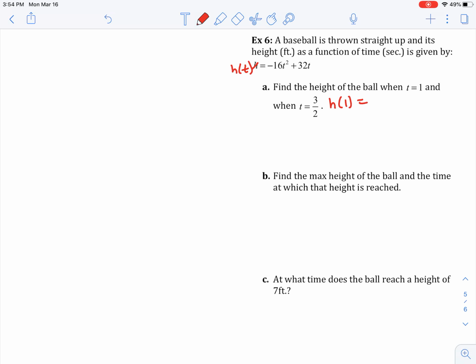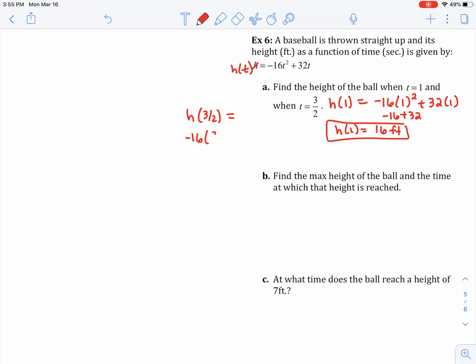So in other words, we want to solve for h(1), which would be -16(1)² + 32(1), or -16 + 32, and h(1) is equal to 16, or 16 feet. And when time is 1.5 seconds, or 3/2, if we solve for h(3/2), we're going to get -16(3/2)² + 32(3/2).